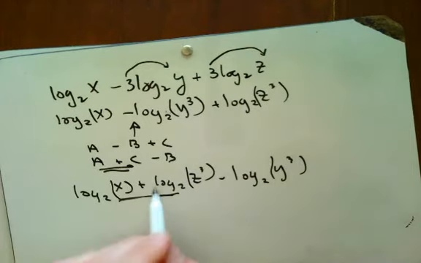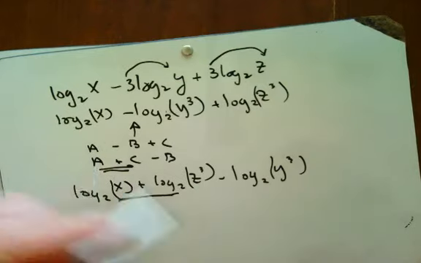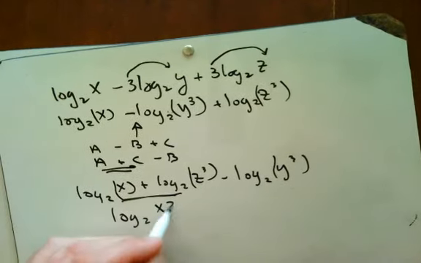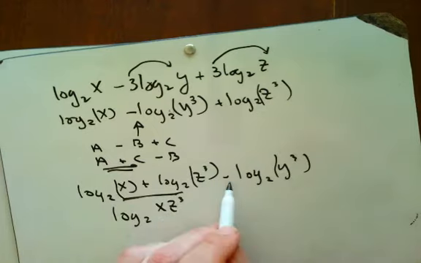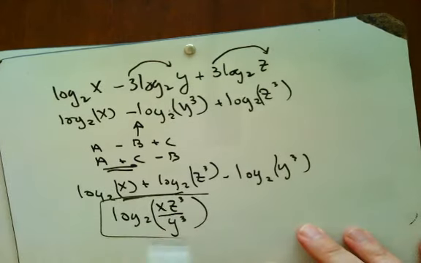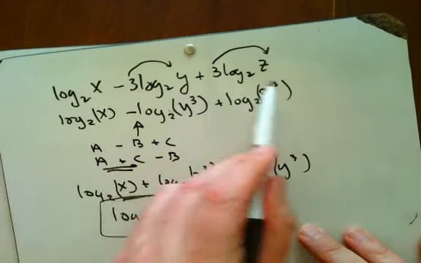Look, we could rewrite this. Think about it as a minus b plus c. We could rewrite it as a plus c minus b. Look, now these two have the plus. We could write this as log base 2 of x plus log base 2 of z to the third minus log base 2 of y to the third.